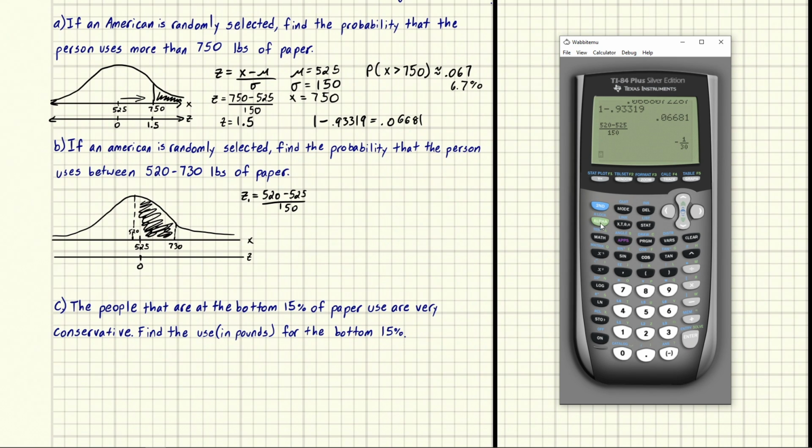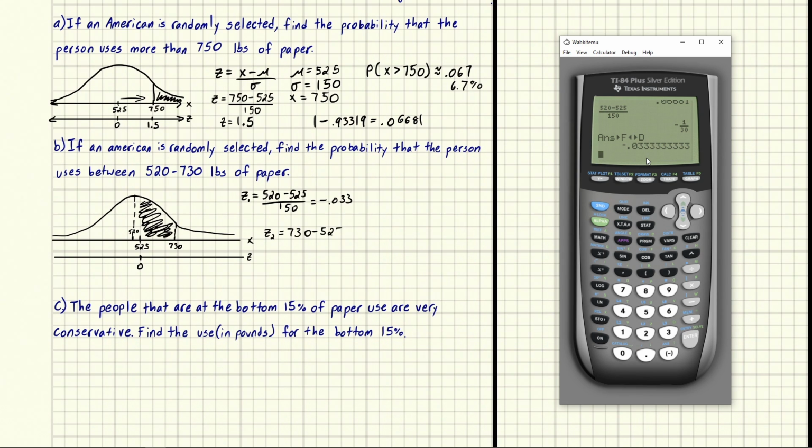It's a decimal. I'm going to go back to that F1 menu and turn it from fraction to decimal, and we get negative 0.033. So that's our first z-score. Our second z-score, z2, is going to be 730.